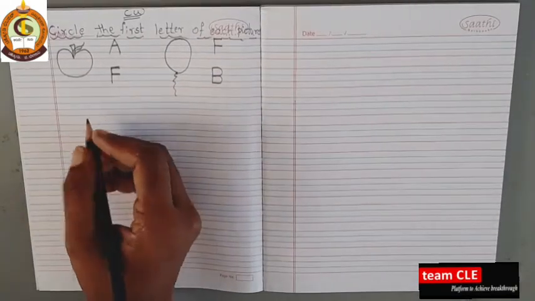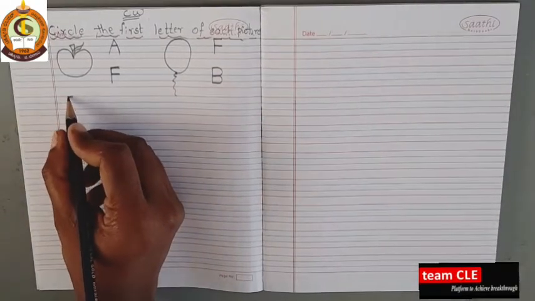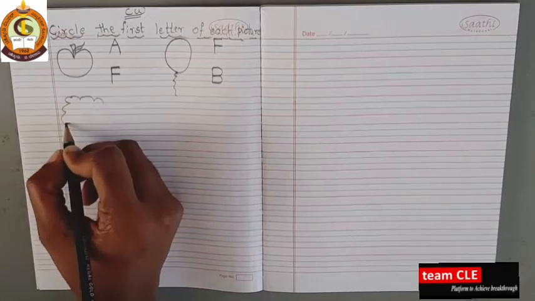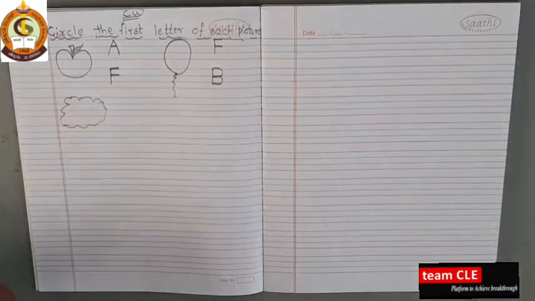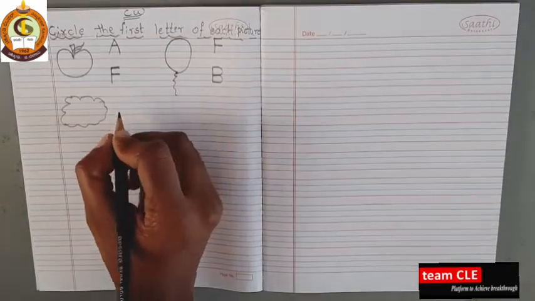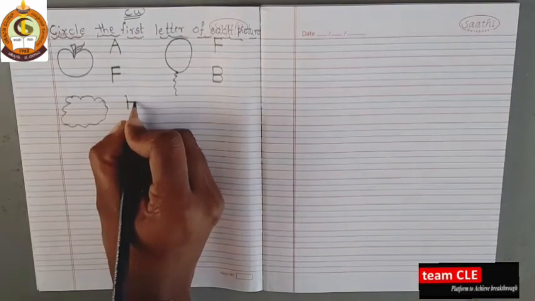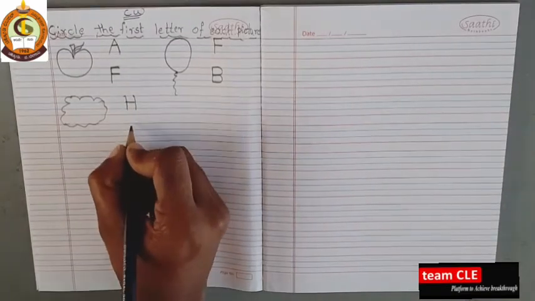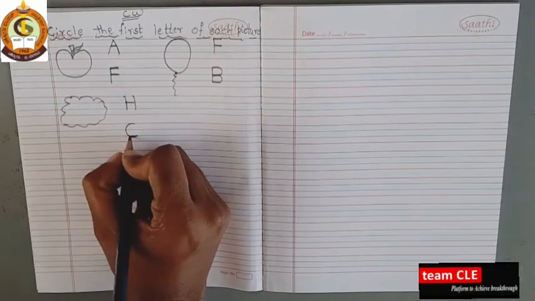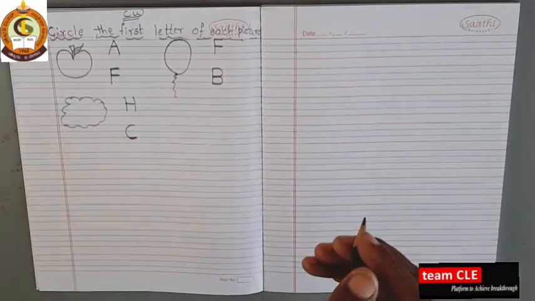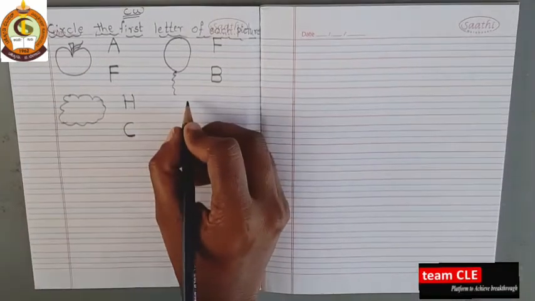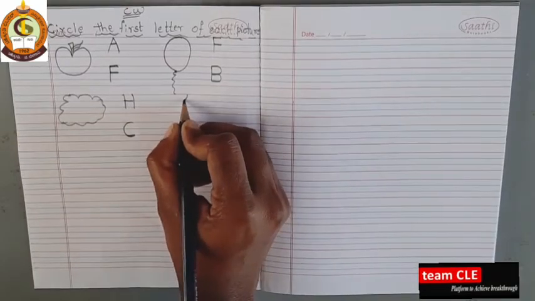Okay, next, cloud. Draw the cloud picture and write here H, C. Next picture, draw a duck.